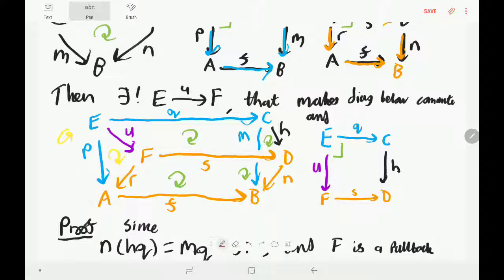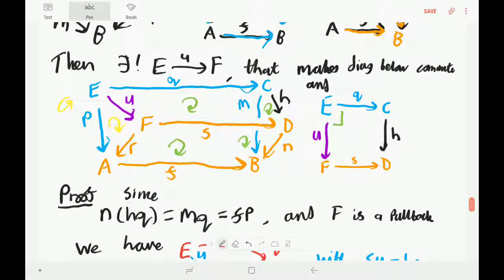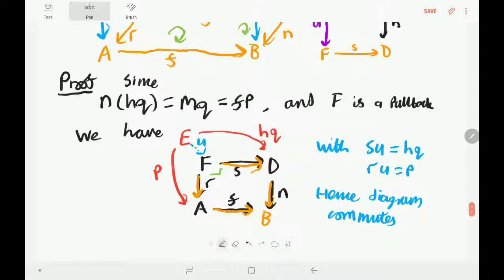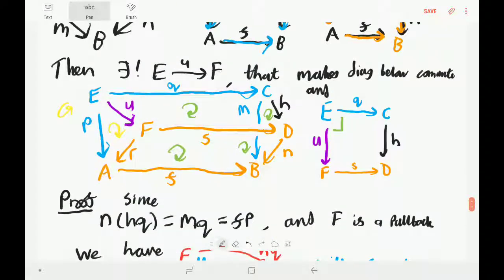And then it follows that the base commutes. Well, don't we actually already have that the base commutes? Because there's only 3 sides to this, and we already know everything has to commute. So the whole diagram commutes, and the other part of the claim is that this square here with perimeter HQ and SU is a pullback.